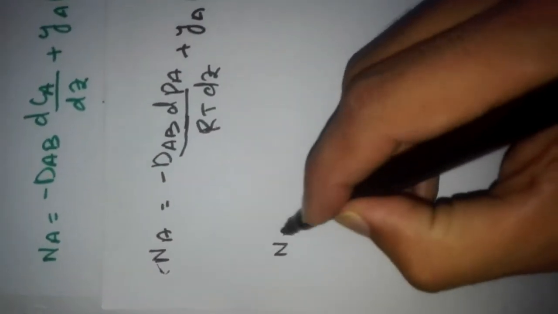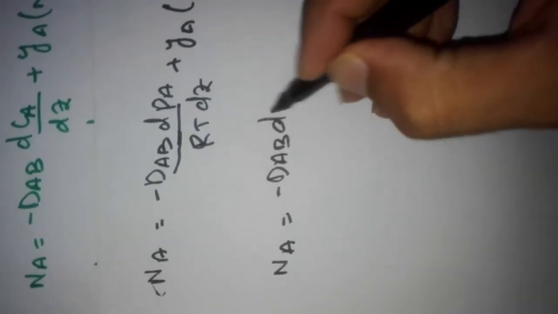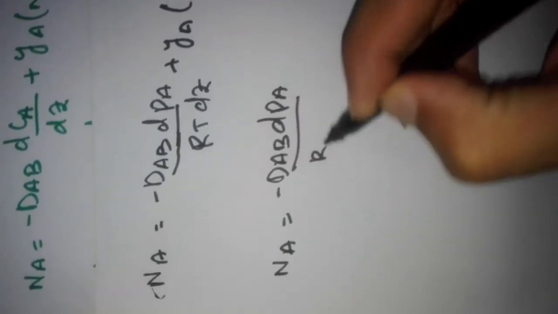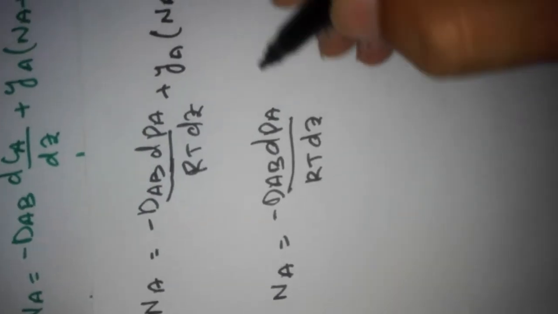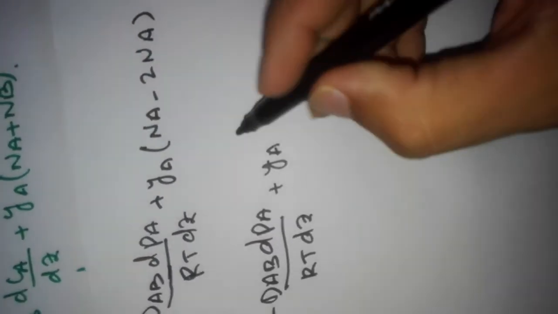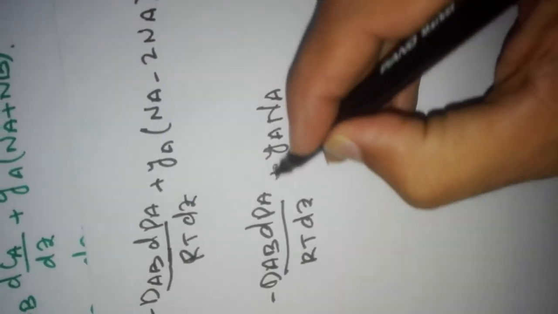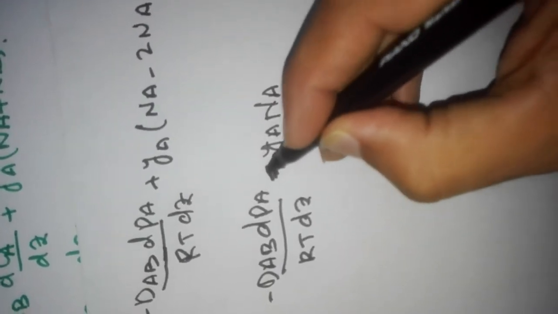In place of Nb we can write minus 2 Na. Further simplifying, we get minus DAB dPA by RT dz plus YA into Na minus 2Na, which is minus Na, and this term becomes negative.